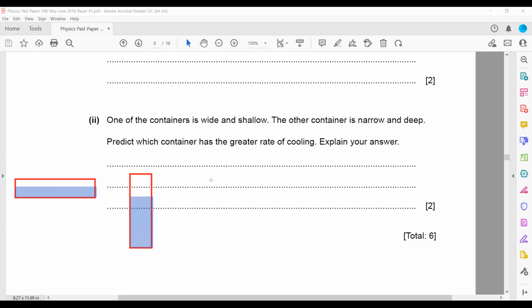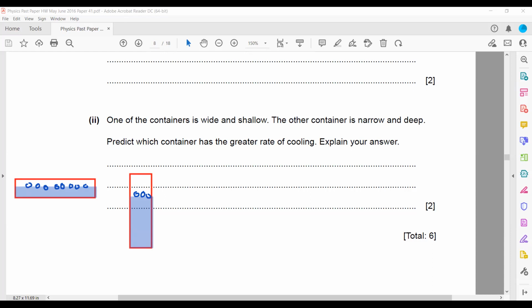The reason is that in the wide and shallow container, more particles are exposed at the surface. Here, few particles at the surface are exposed. So yes, you can mention surface area. You can mention the one which is wider, or the large surface area.